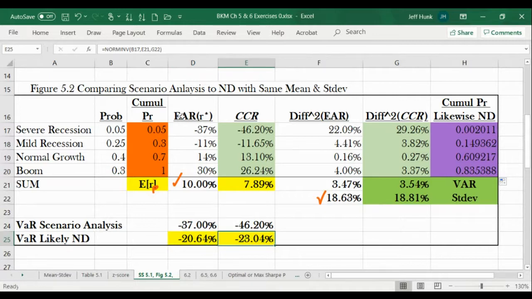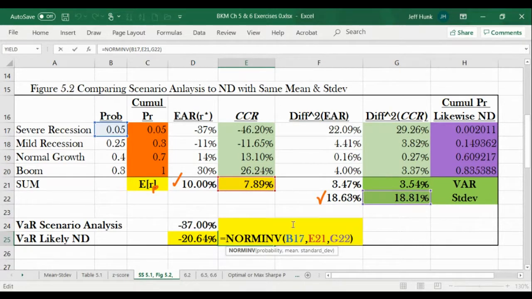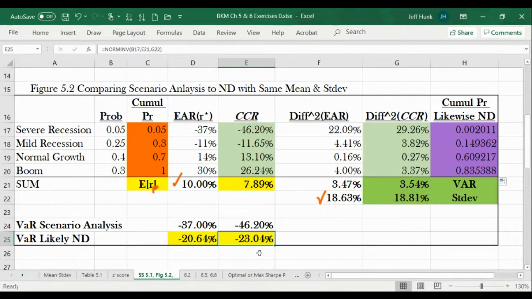And also using that, if it was under that EAR, that return. But if we use continuously compounded, right? If you use continuously compounded return, the bottom 5% result will be, using that bottom 5% probability and the mean of the continuously compounded and standard deviation of the continuously compounded return, it would be negative 23.04%.